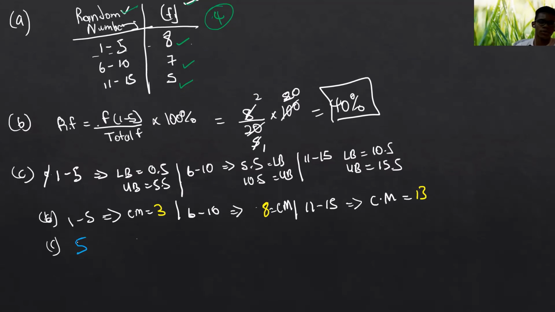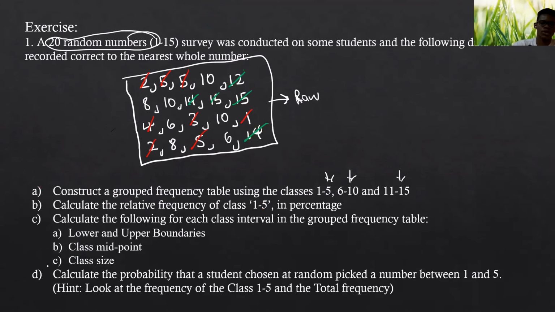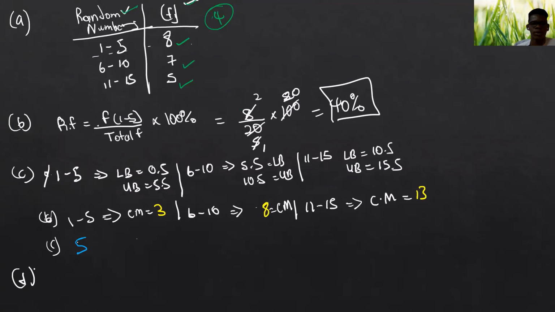Oh, I'm going over the time. My apologies. The last question is asking us to calculate the probability of a student picking a number at random between 1 and 5. Now, probability, you will learn, the probability of an event is equal to the number of times that event occurs divided by the total possible outcomes.